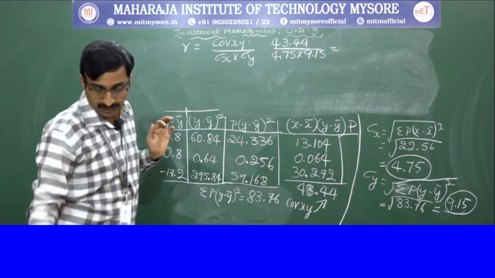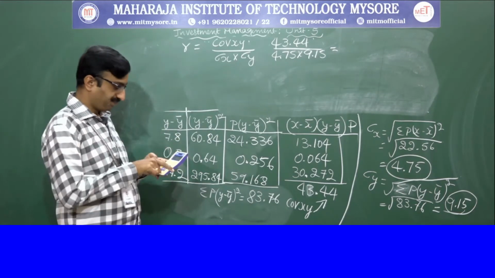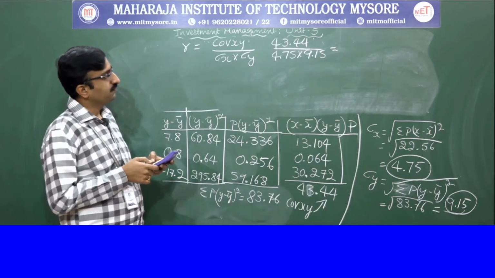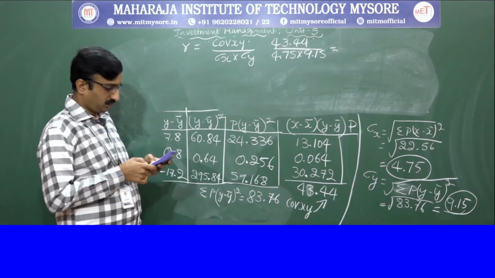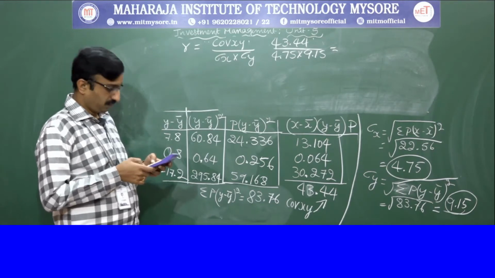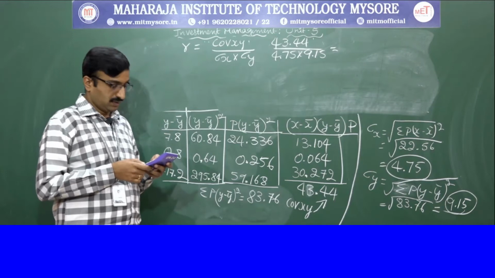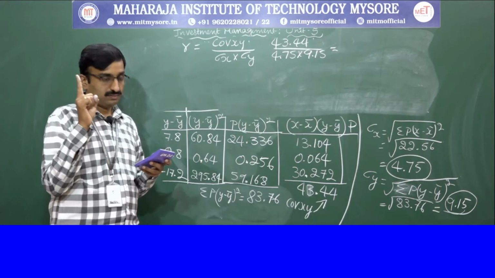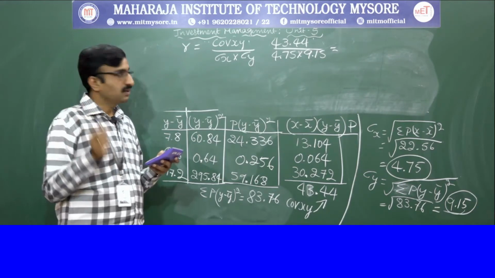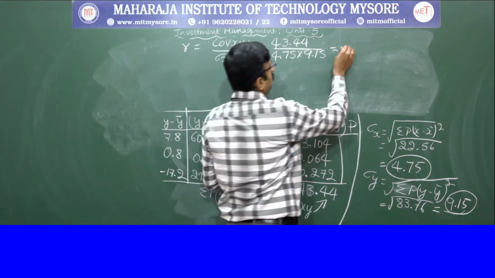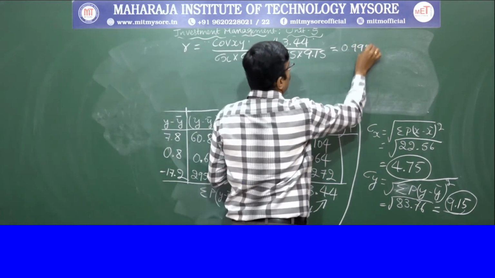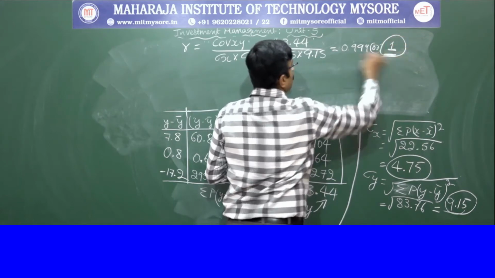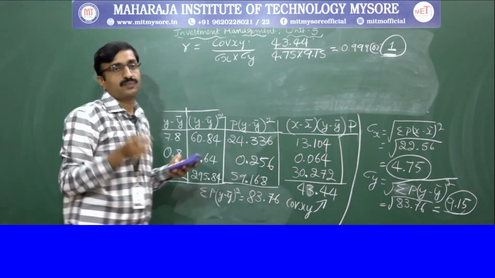Do the multiplication. How much will you get? Approximately 0.9999, so approximately we will get 1.